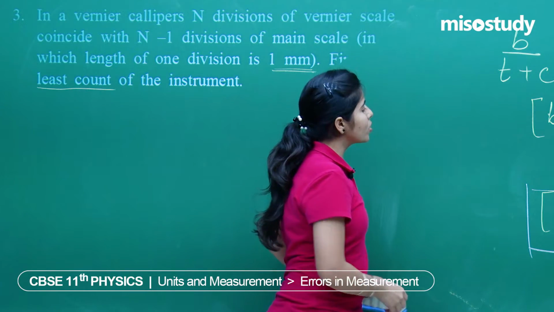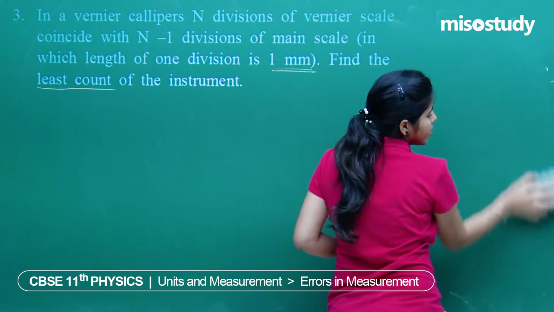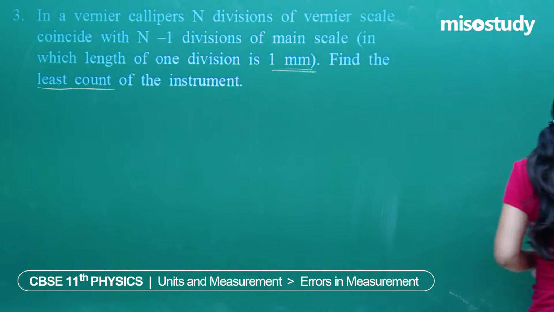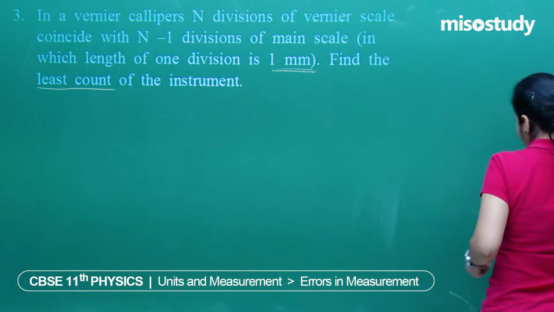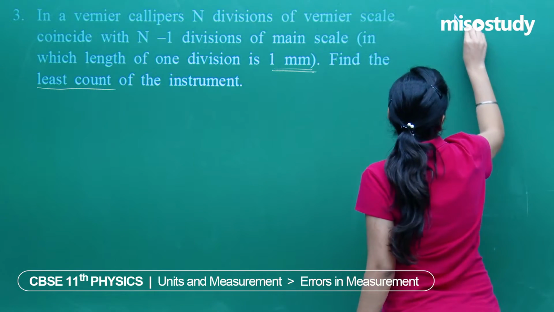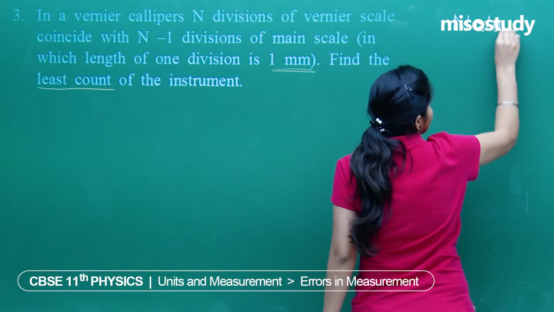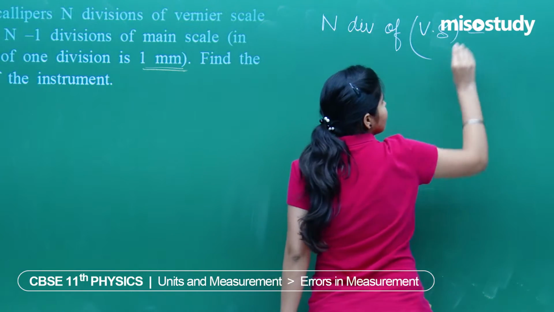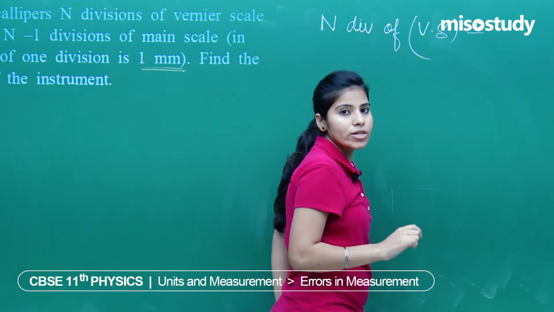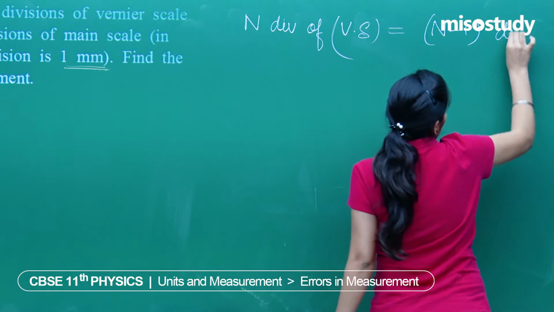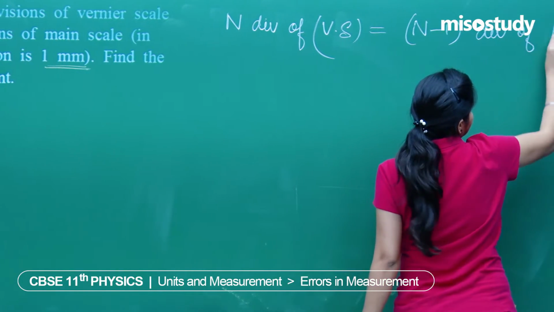I remember I told you how to find out the least count of vernier caliper as well as screw gauge. So, the question is related to vernier caliper, and the situation given here is that n divisions of vernier scale coincide with n minus 1 divisions of main scale.